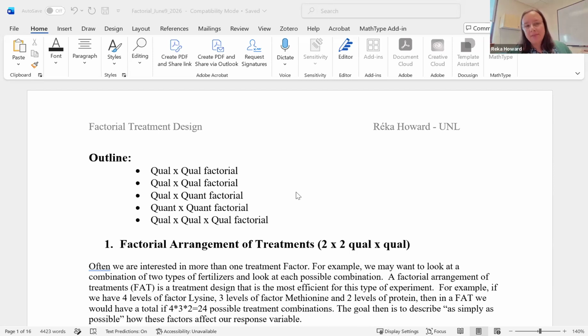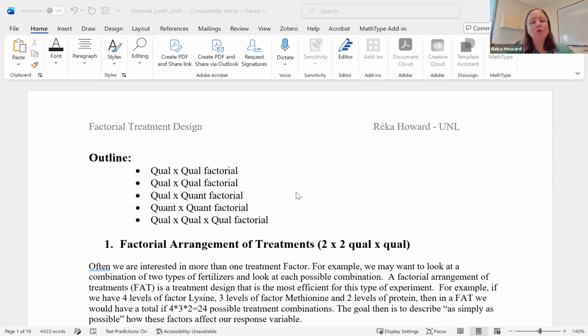Yesterday we briefly talked about this, that usually when we have an experiment and we want to answer some questions, we want to determine how a factor affects a response. And many times we don't only want to focus on one factor, but several. For example, yesterday I mentioned the irrigation and fertilizer example, so then we would have two factors.